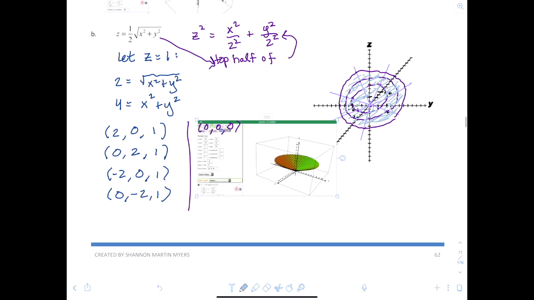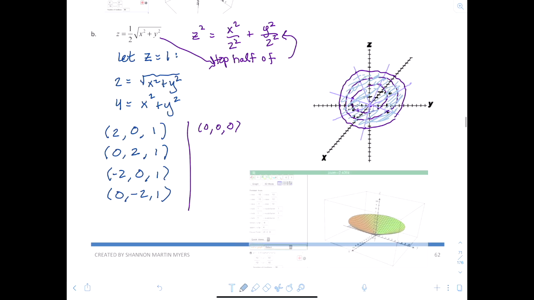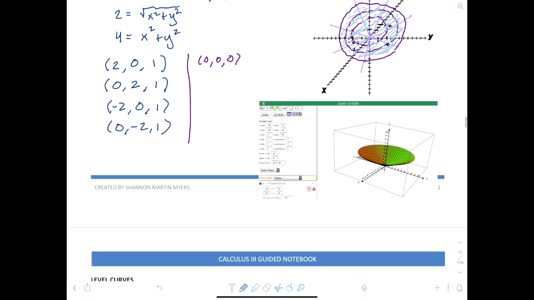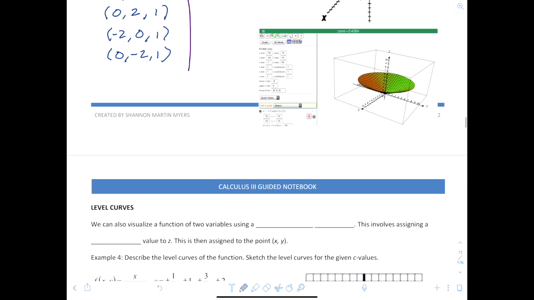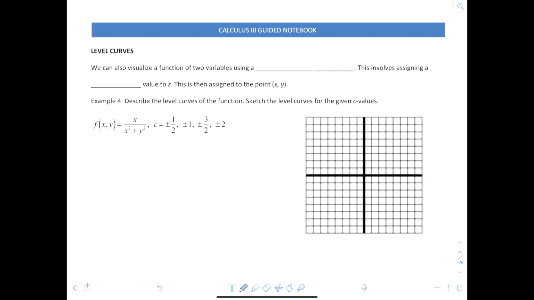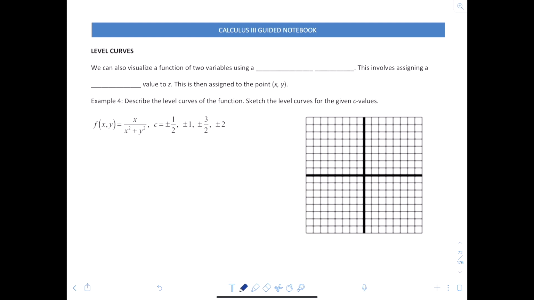And here is the much prettier picture of the image. All right, here you go. Okay, so level curves. We can also visualize a function of two variables using a scalar field.